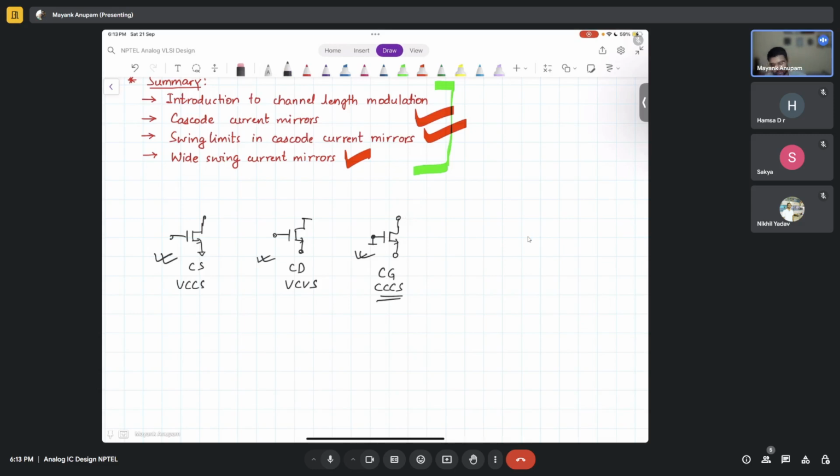Even if you use the MOSFET in only one configuration, you can generate all the other types of controlled sources using the MOSFET in this manner. I talked about this in the first session itself.